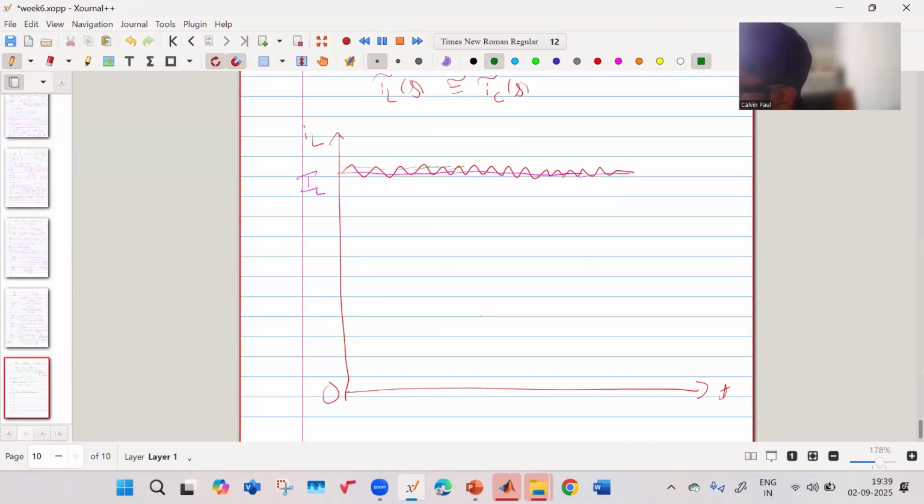The peaks are what is actually being controlled, so this peak is your IC.